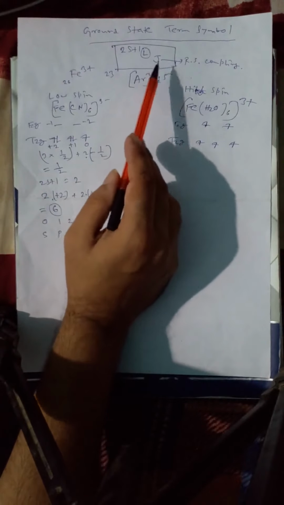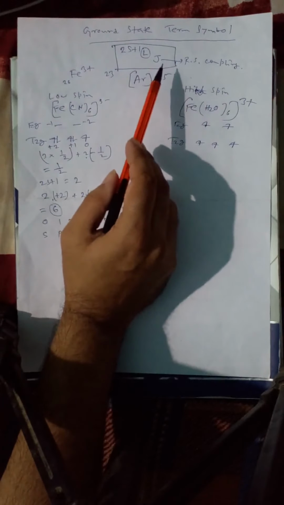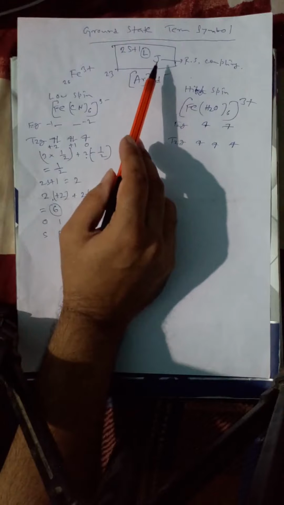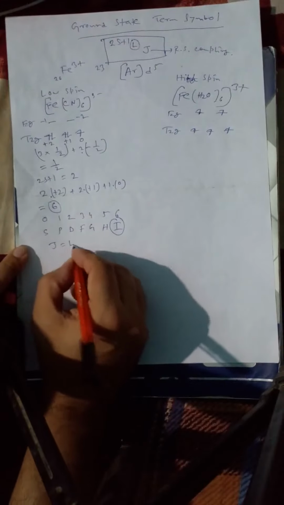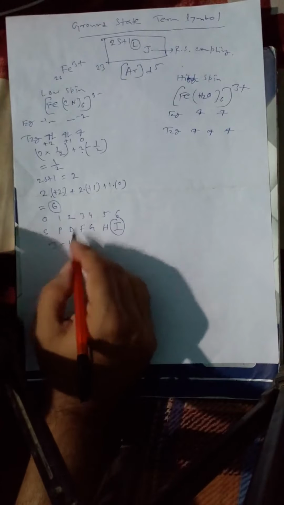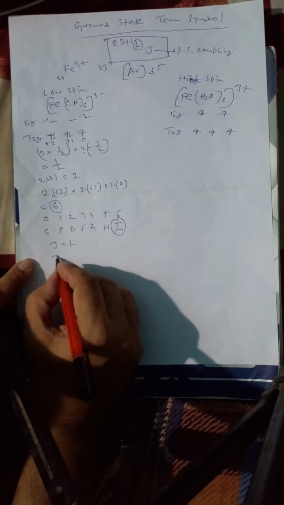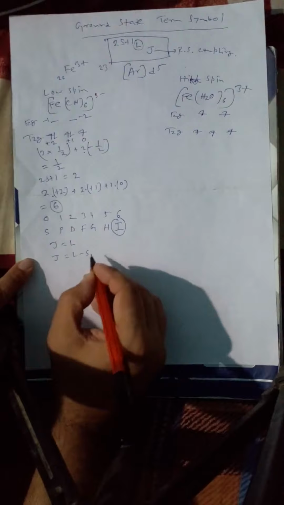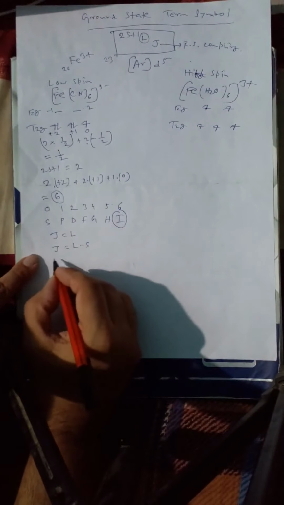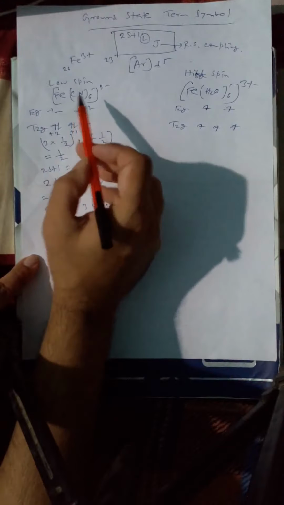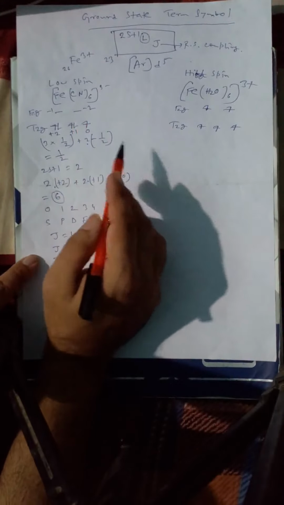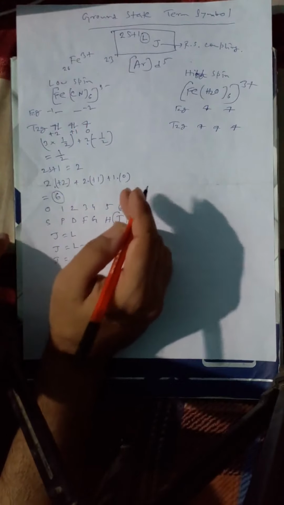If any orbital is half filled or full filled, J equals L. If it is less than half filled, J equals L minus S. If it is more than half filled, J equals L plus S. Here we have 5 electrons in the 3d orbital, so it is half filled.